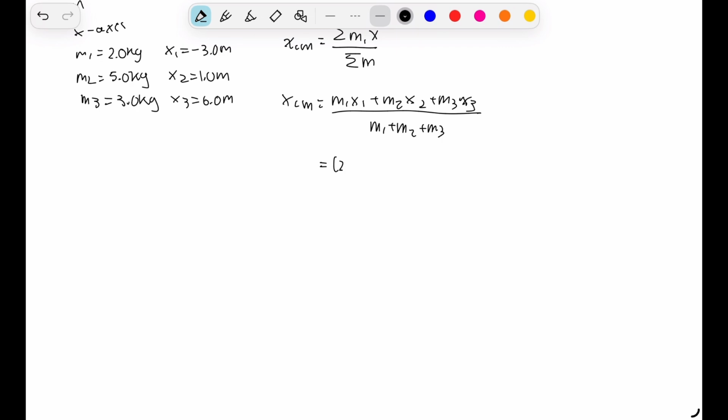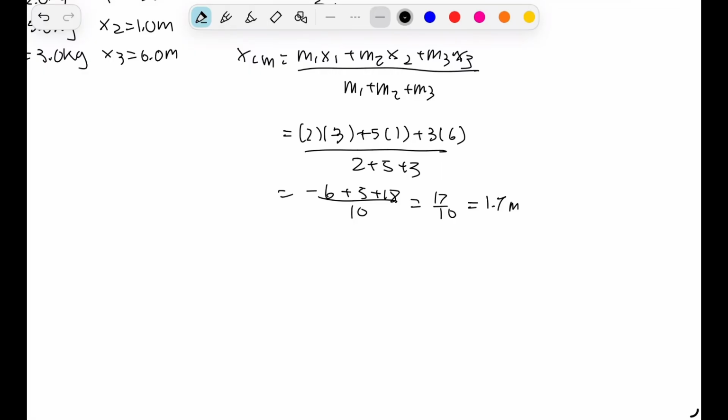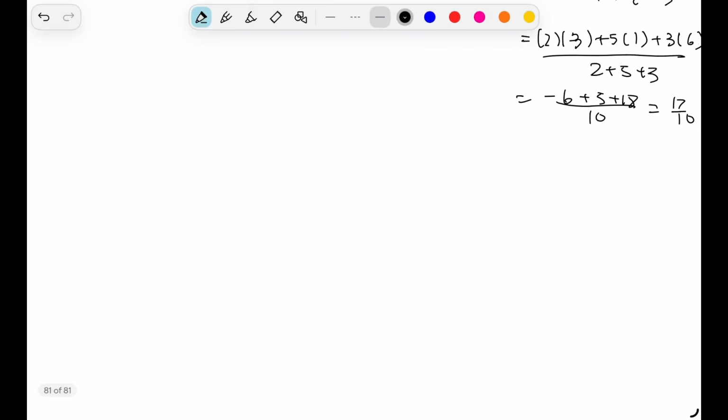So now we can plug in our values. You get 1.7 meters.